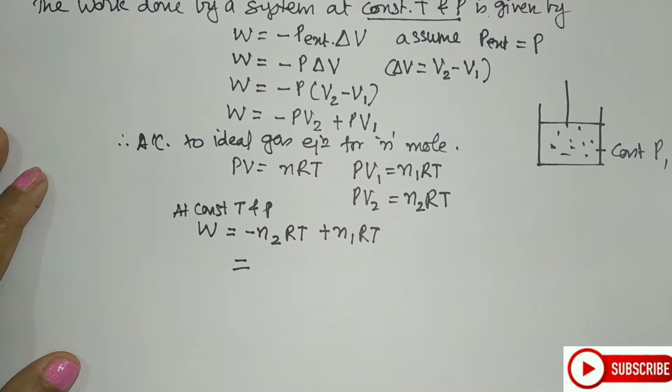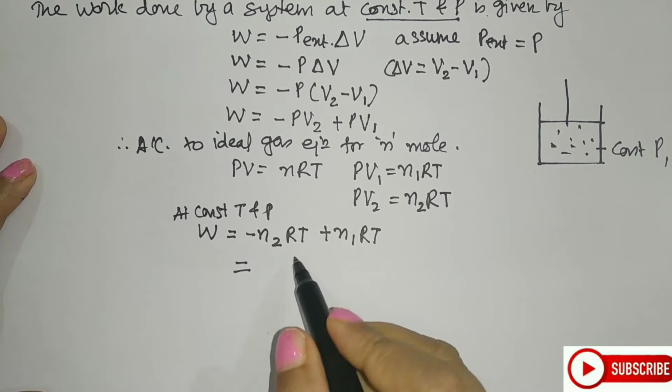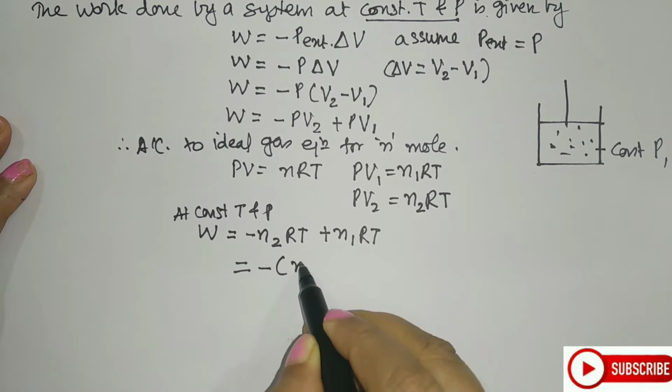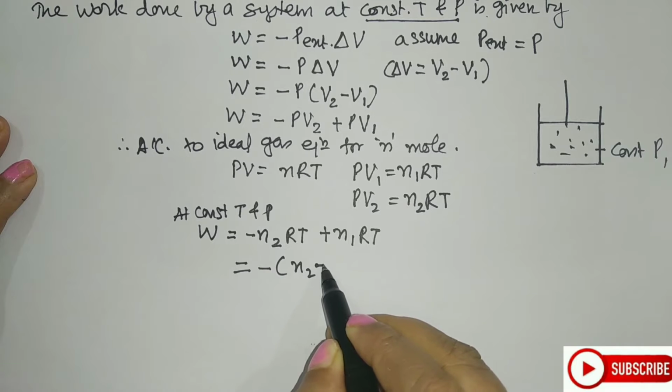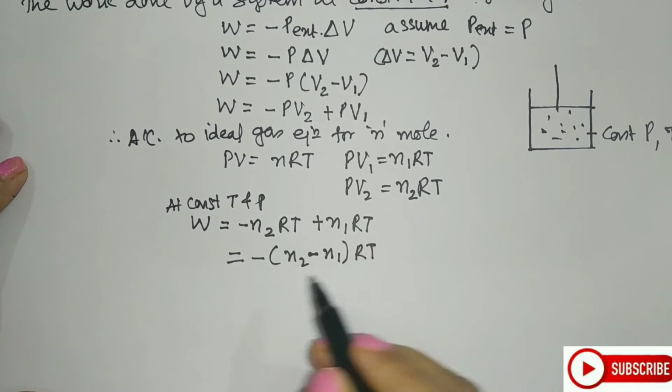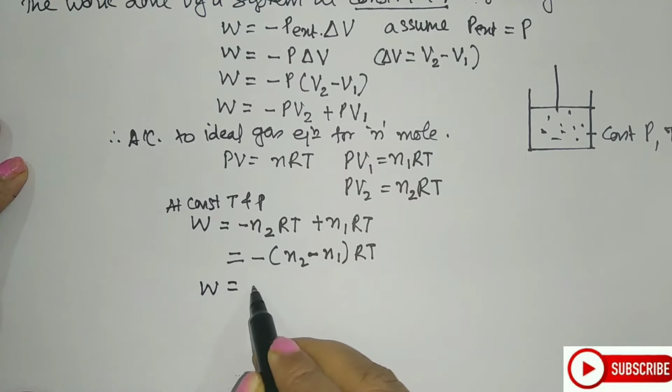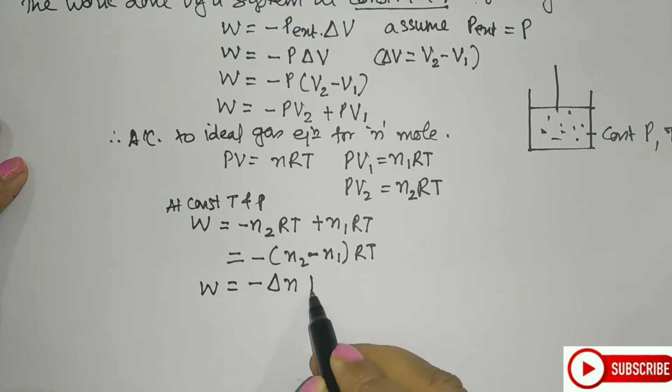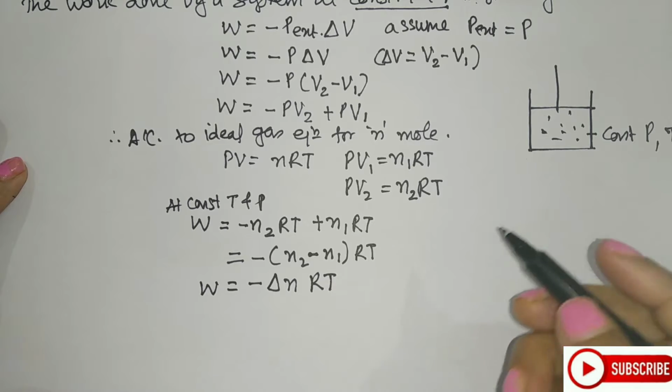So that is equal to minus (N2 minus N1) RT. Now W is equal to minus delta N RT. Now what is delta N, students?